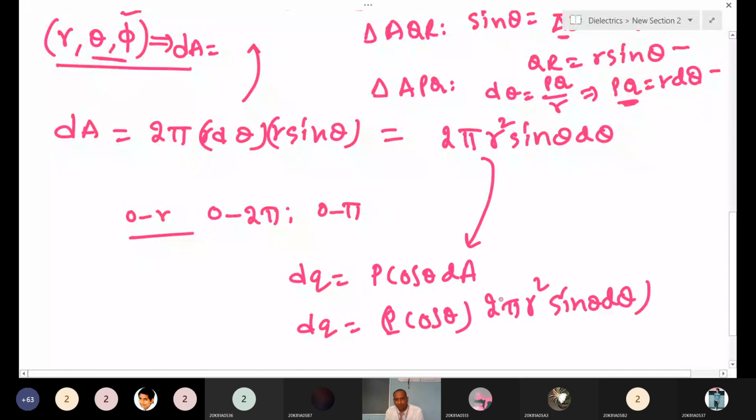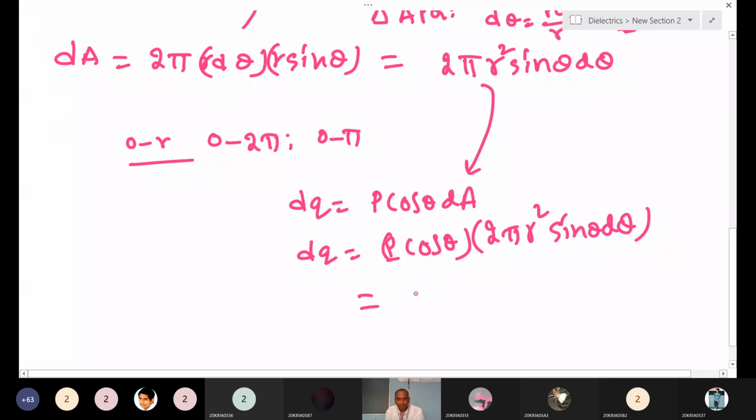Now we rewrite this equation: 2 pi R square p sin theta cos theta d theta.